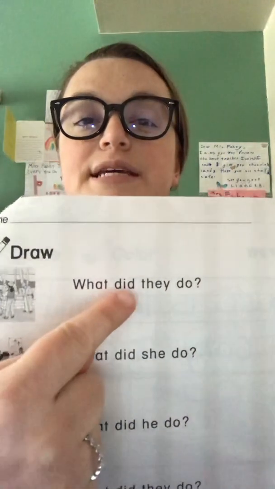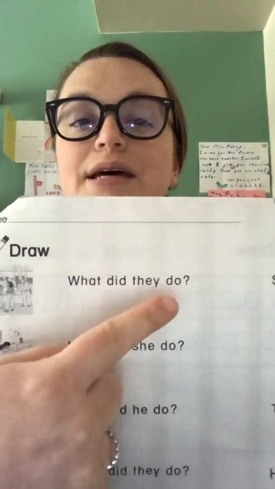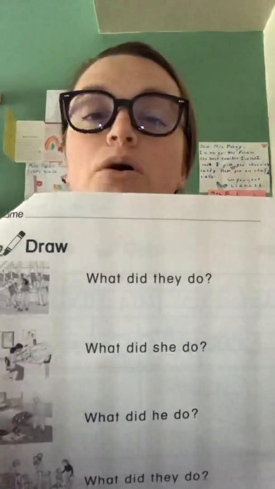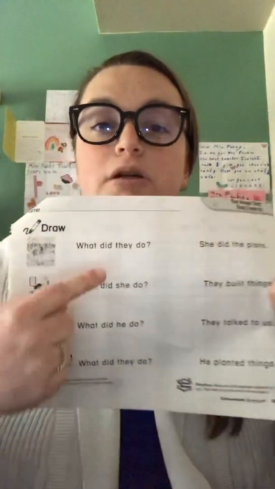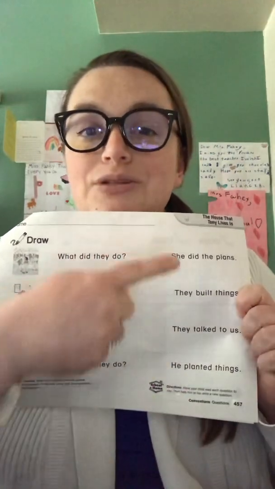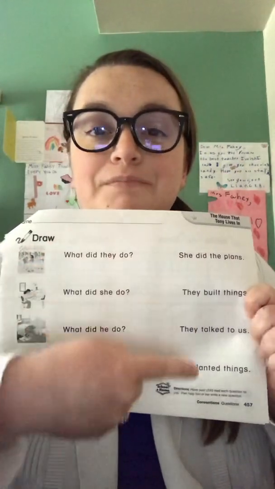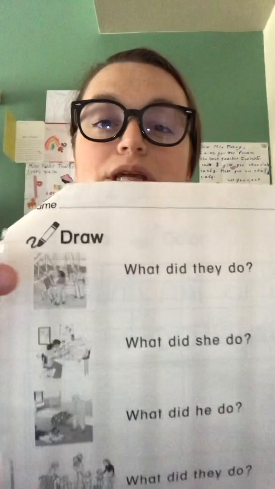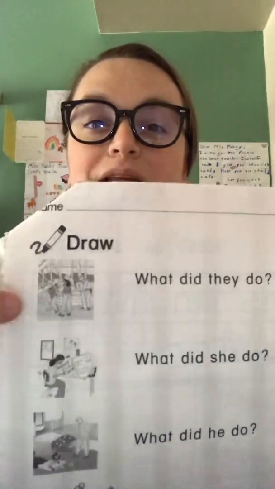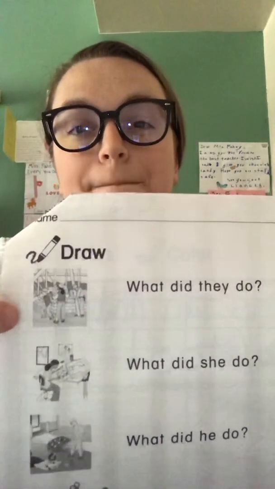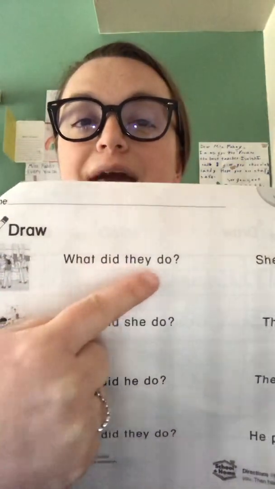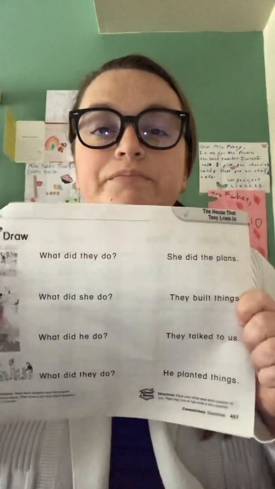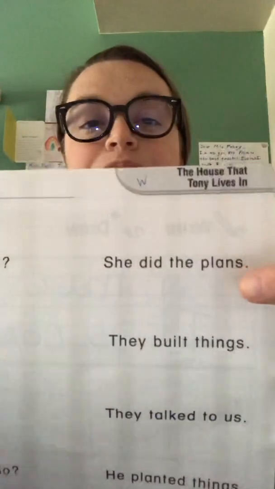What did they do? Now, there's 2 possible answers on this side. So we need to make sure we look at this picture. And it looks like a group of people and they are building something. What did they do?